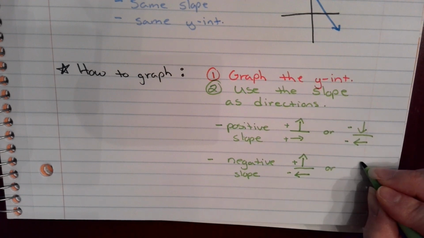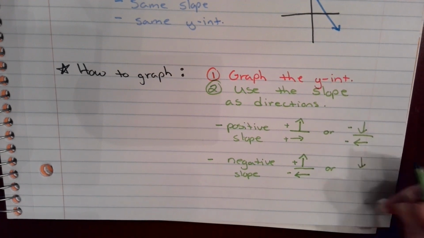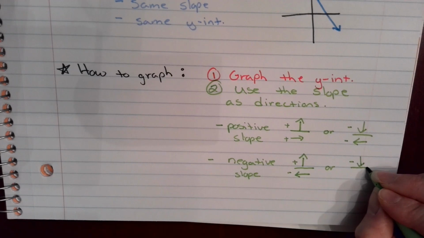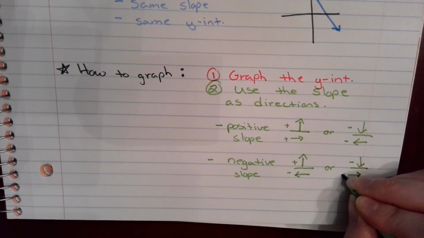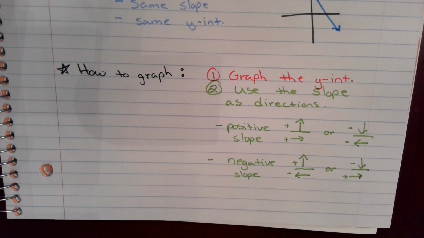Or the direct opposite: you can go down, which is a negative, and then go to the right, which is a positive. So a negative over a positive gives you a negative slope. This is how you would focus on graphing when it's in slope-intercept form. If it's in standard form, you can solve for your x and y intercepts, plot those two points, and then connect them. That's a perfectly legit system as well.